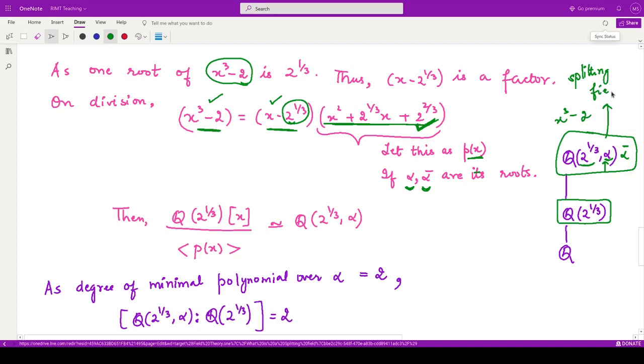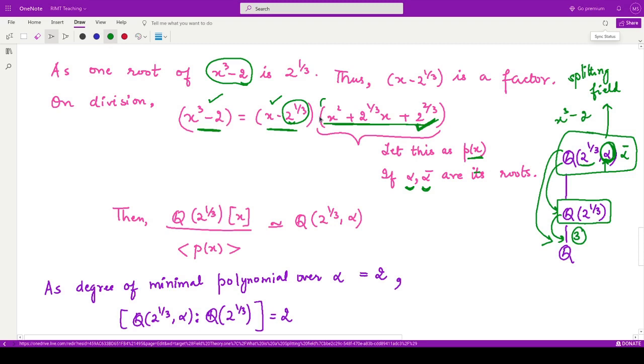So we found the splitting field for this polynomial, and what would be the degree of this field over the given field of rationals? That would be equivalent to the degree of this field over this field multiplied by the degree of this field over this field. Its degree we have found to be 3. What would be the degree of this polynomial? Moving from here to here, we have just adjoined an element alpha. So whatever is the minimal polynomial whose root is alpha, that would be our irreducible polynomial.